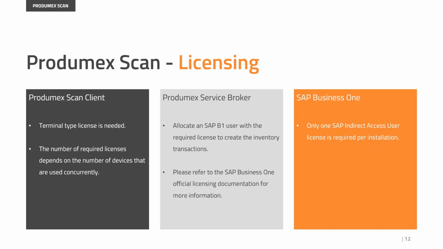We also need an SAP user that already has a license and is already operating on SAP Business One. For this matter, we have to go to the SAP official licensing documentation for more information, because at least we need to work with a logistic license that has the authorization to create inventory transactions on SAP Business One.